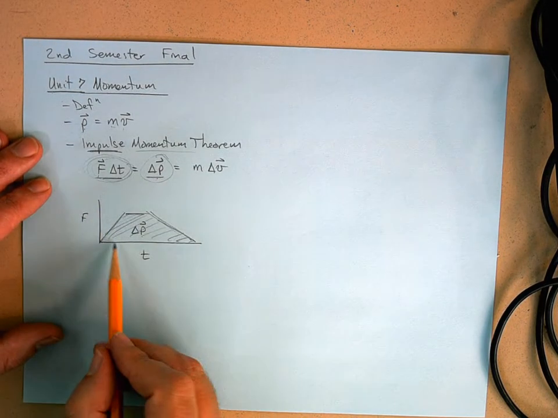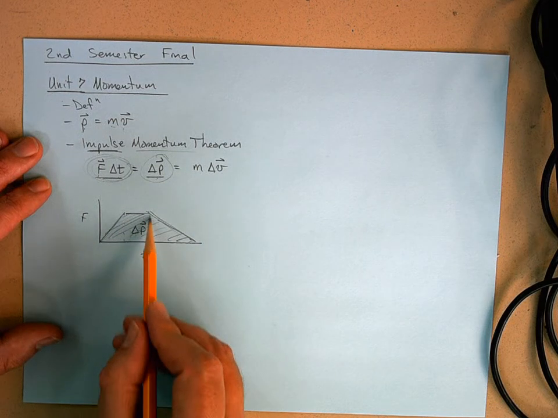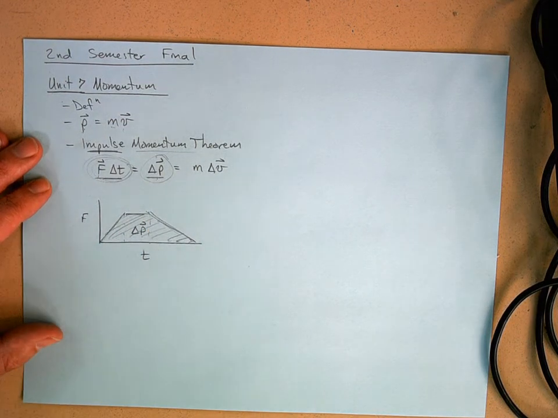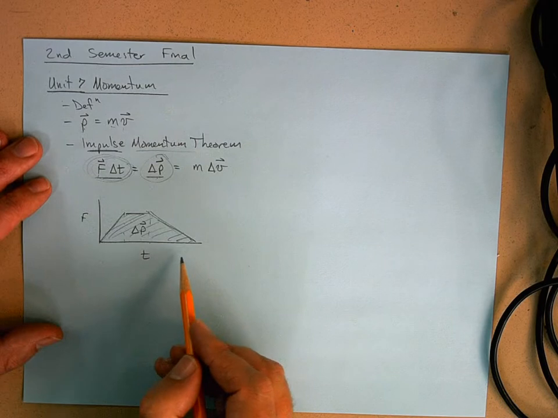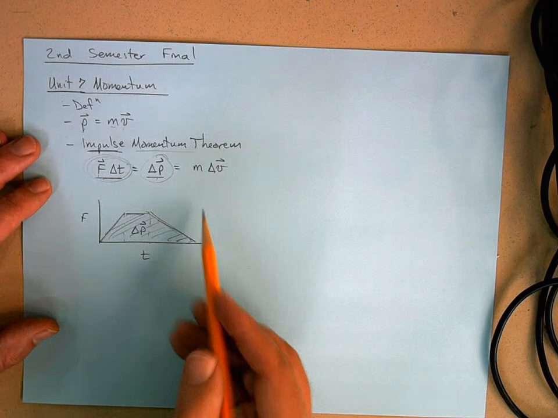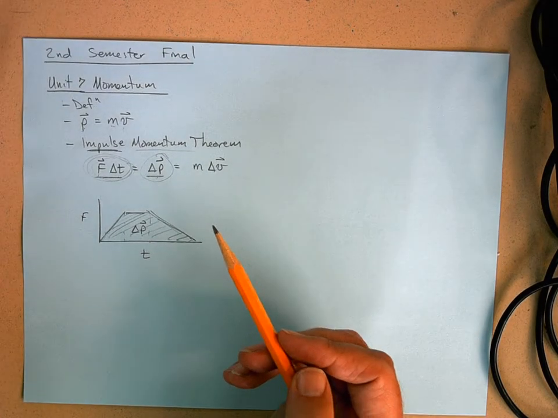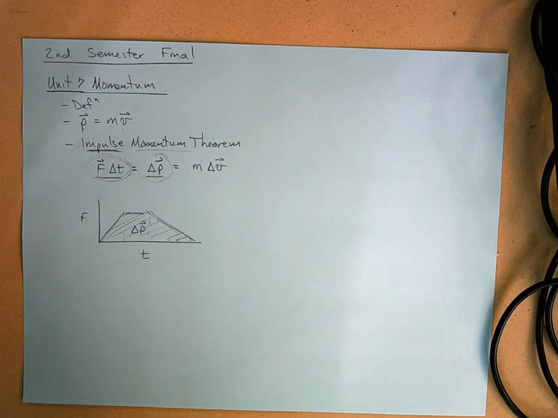So you would just divide it up into rectangles and triangles and add up the area. And that would be the change in momentum of the object, and then you can use that to figure out what the final velocity is or whatever. Okay?